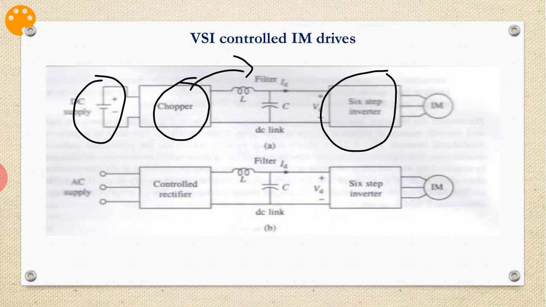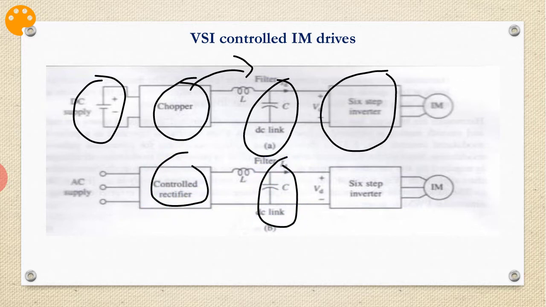An electrolytic filter capacitor C is connected in the DC link to make the inverter operation independent of the rectifier or chopper, and to filter out harmonics in the DC link voltage. I repeat, the function of this capacitor is to make the inverter operation independent of the chopper or rectifier.